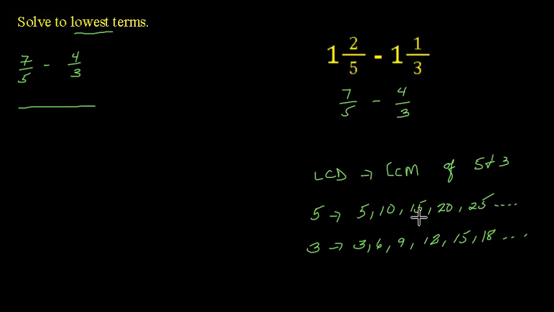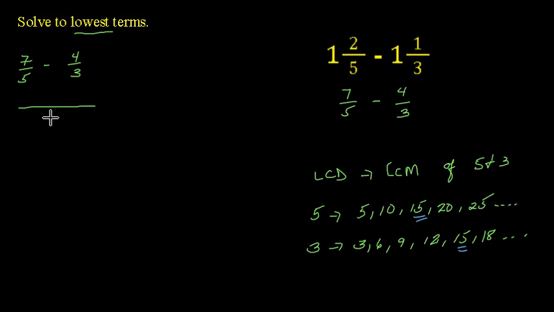Neither are these, neither are these. But 15 is common here, and 15 is common here, and there is no other number that's common that's lower. Hence, 15 is the least common multiple, which is the least common denominator in this case, okay?